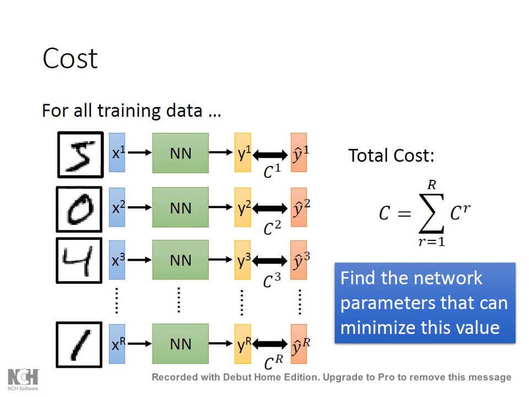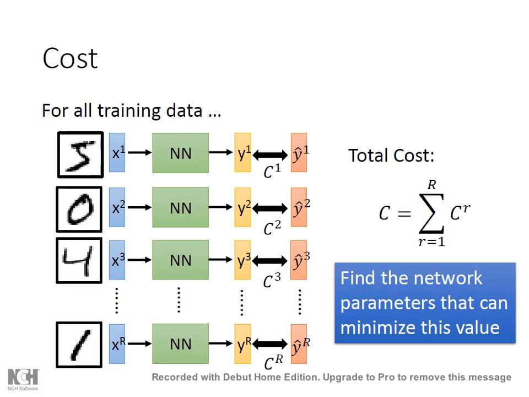For this data, you see, we treated the first one. This first data is 256-dimensional data, and the neural network gives a 10-dimensional vector as the output here, and here is the ground truth.